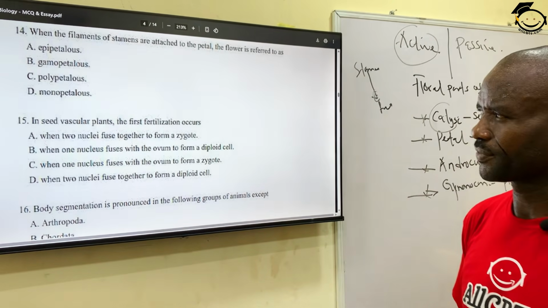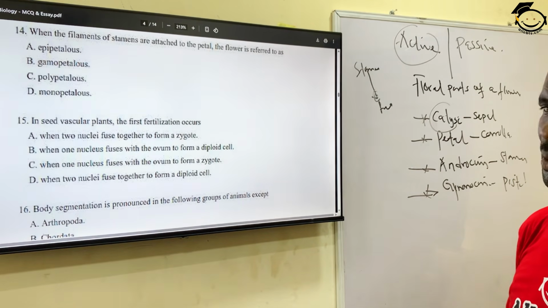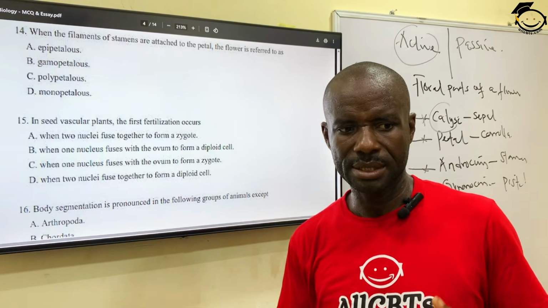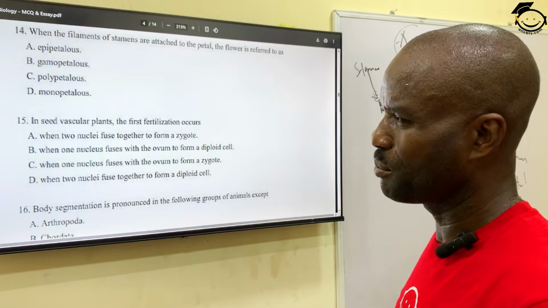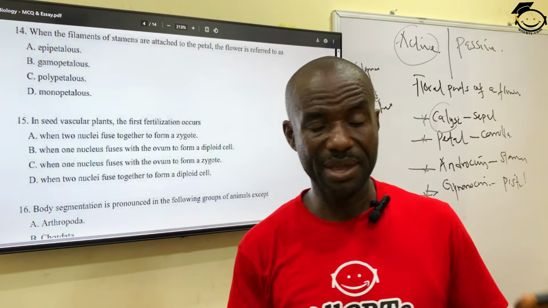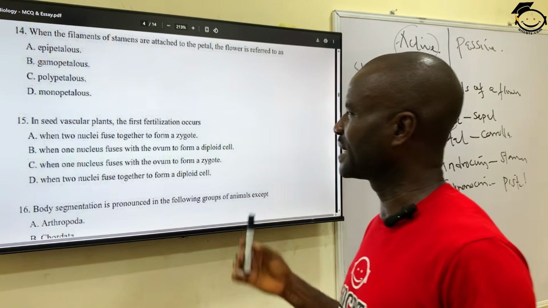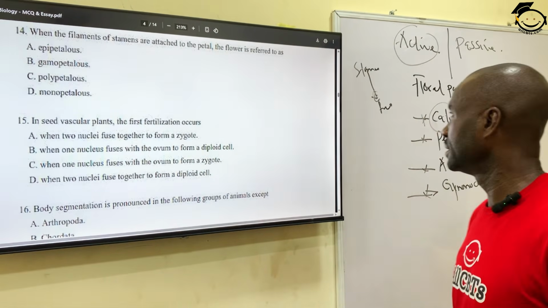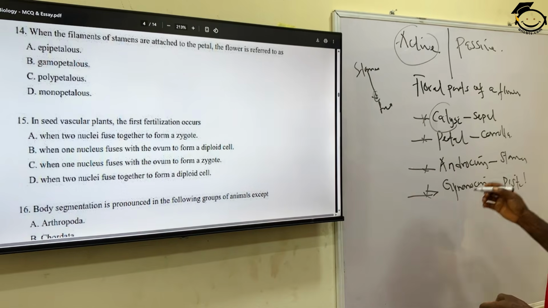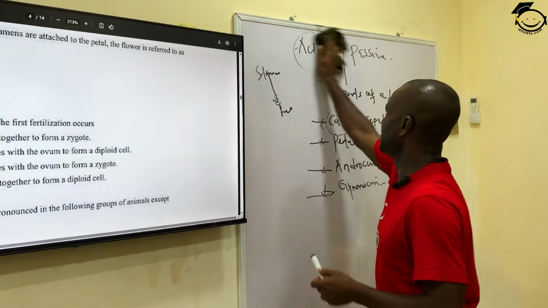Question 15. In seed vascular plants, when we say seed vascular plants, we mean plants that are capable of carrying out what we call sexual reproduction, where we have male and female fused together. In seed vascular plants, the first fertilization occurs when, let me explain this, in plants, fertilization occurs actually in two stages.